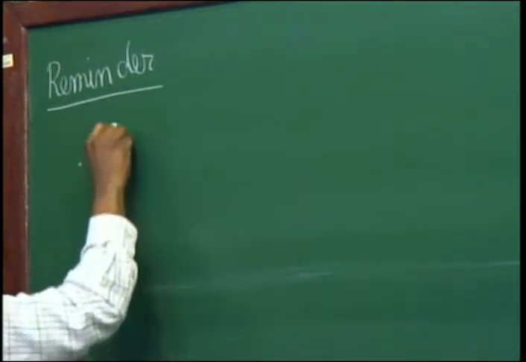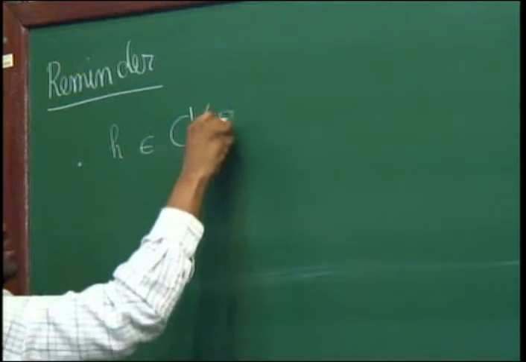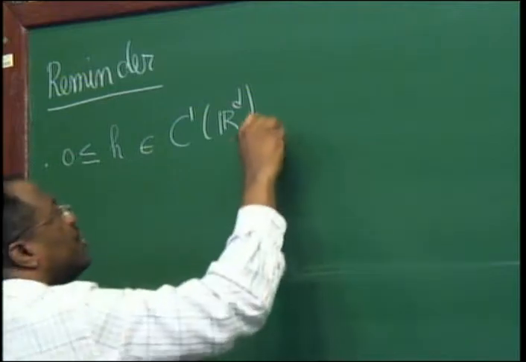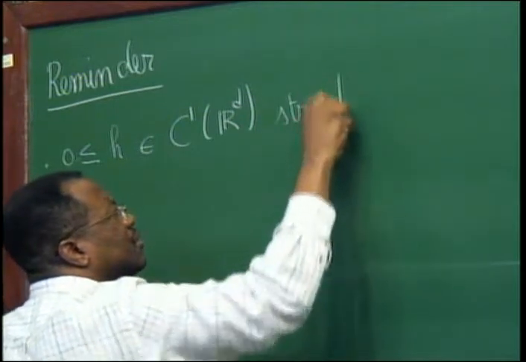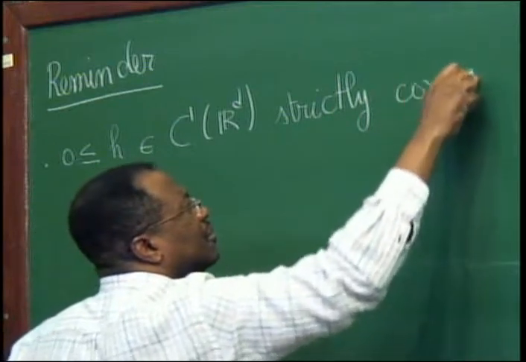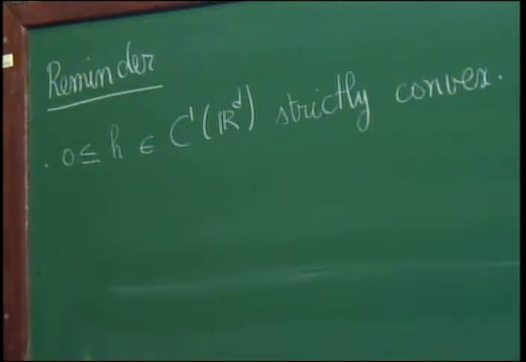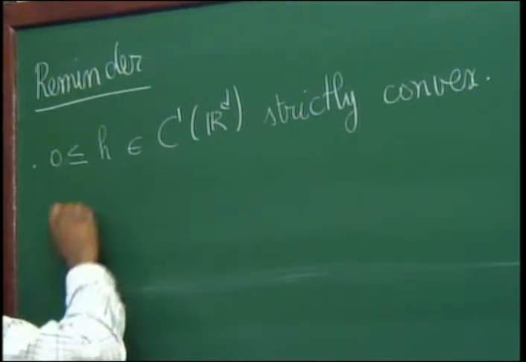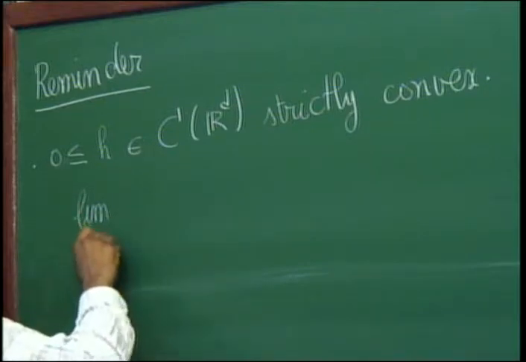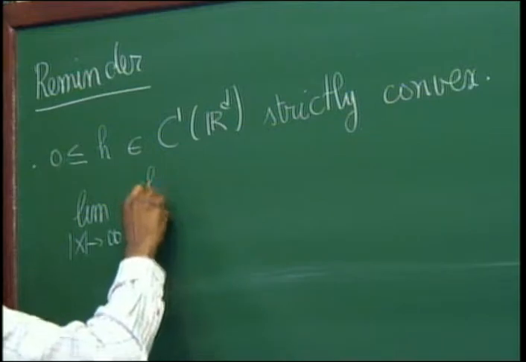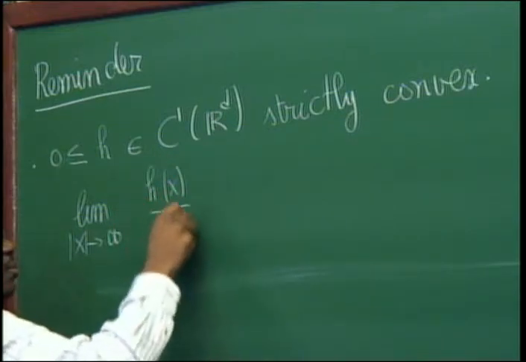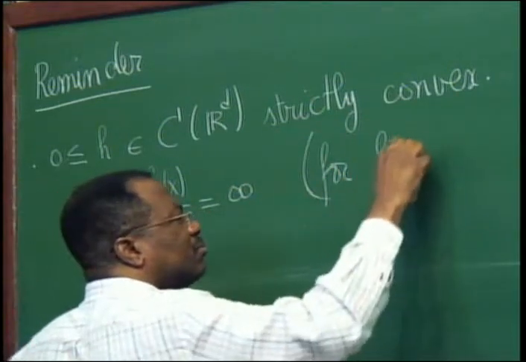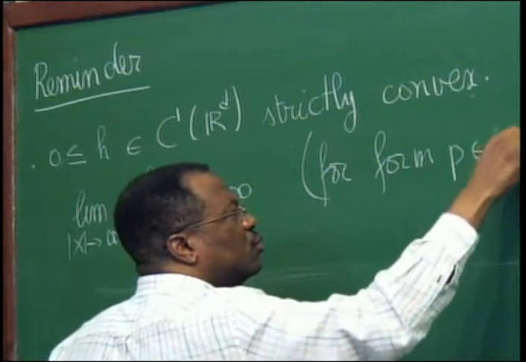So I start with H is of class C1 in R^d, is non-negative, is strictly convex, and the limit when x goes to infinity of h of x over |x| to the power p equals infinity for some p which is between 1 and infinity.